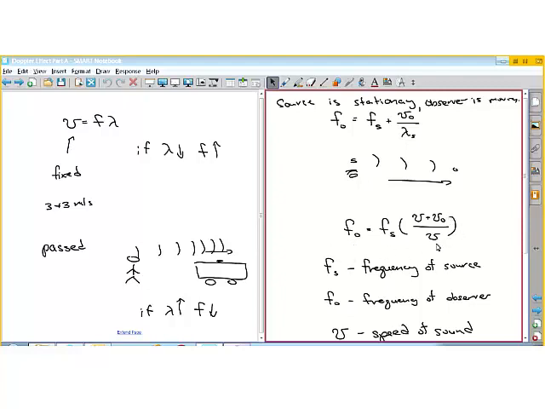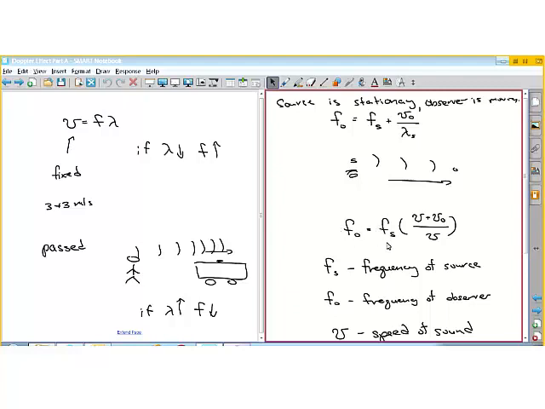This is the more general expression used when the observer is moving and the source is moving and the observer is stationary.